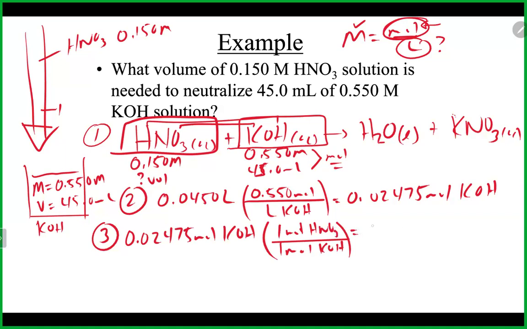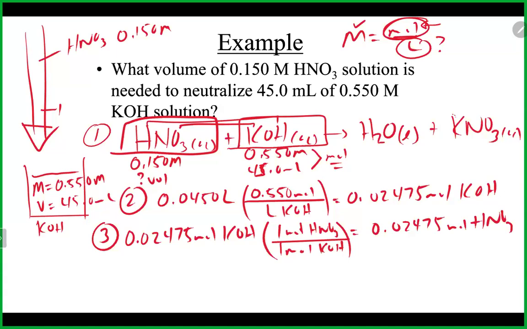And now we have 0.02475 moles of nitric acid. So here again, we're using stoichiometry to figure out how many moles of nitric acid was needed in this reaction by using our known solution that we know everything about. And that allows us to figure out something about our unknown solution.